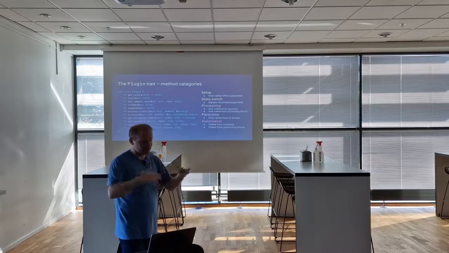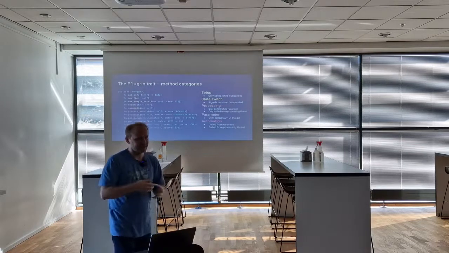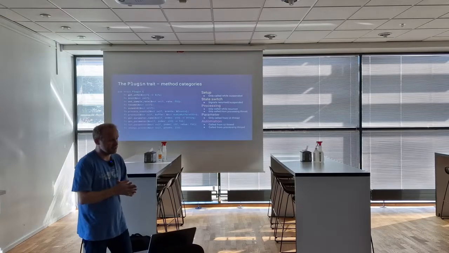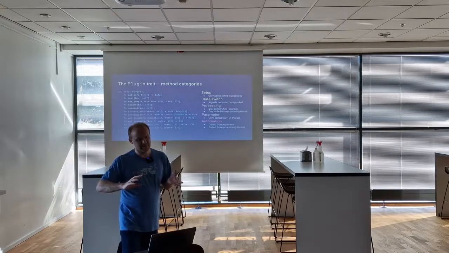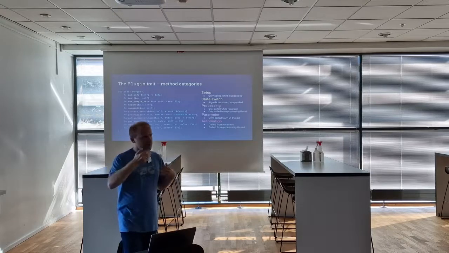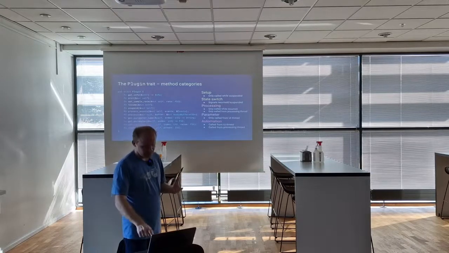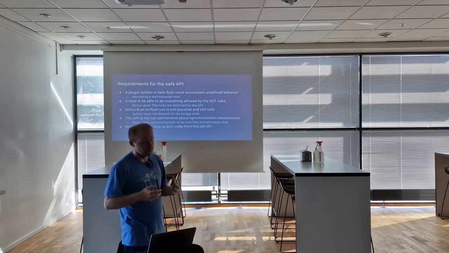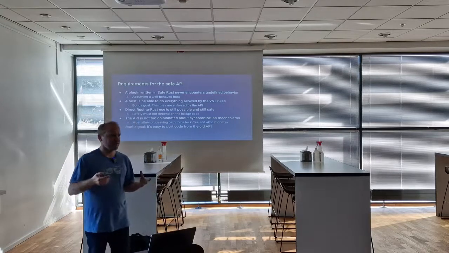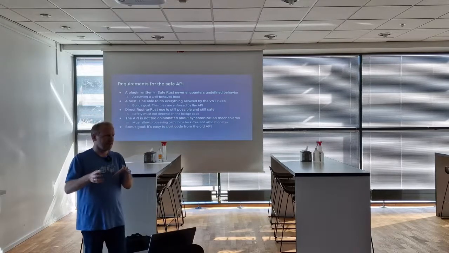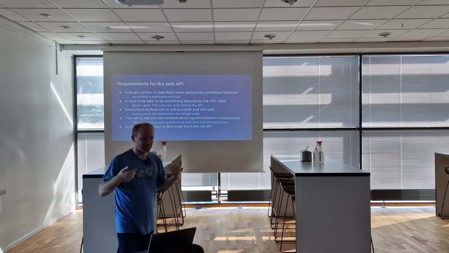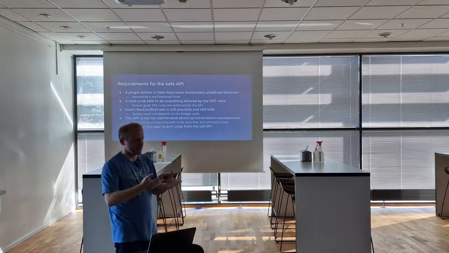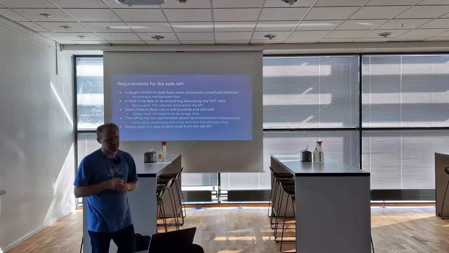So we had a lot of discussion on GitHub about exactly how to do this, and we came up with the question: what are the requirements actually? What are the things we want to achieve? In order to find a good API design, it is a good thing to first consider what the goals are.